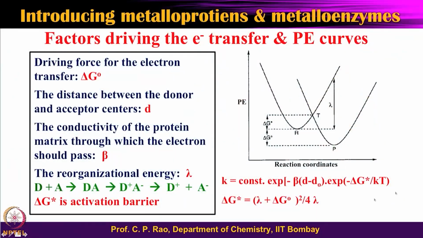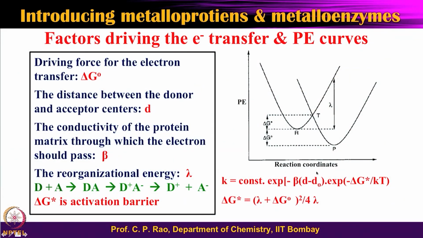So, that difference is the difference between the initial complex and the complex formed in the activated state. So, a smaller distance is good, better conductivity is good, and a smaller lambda is better. These kinds of things will favor the transfer.